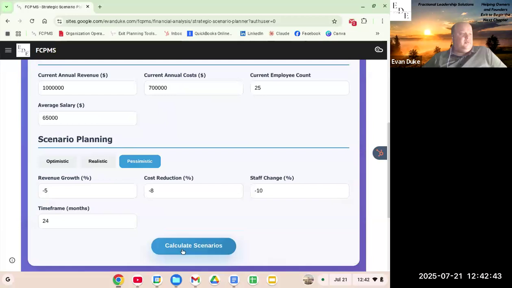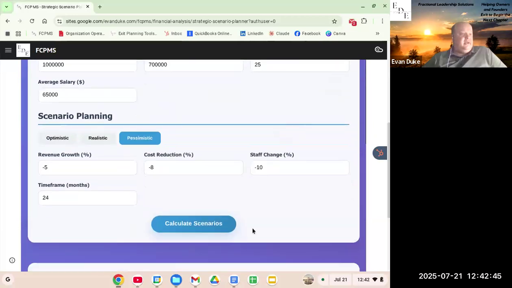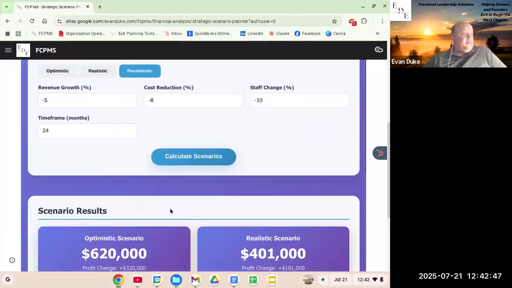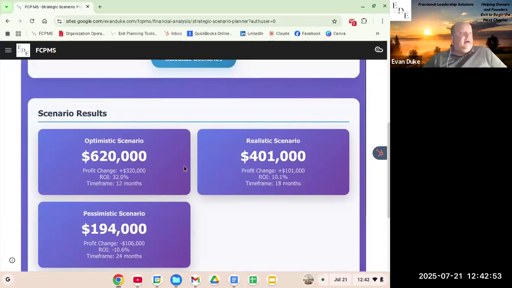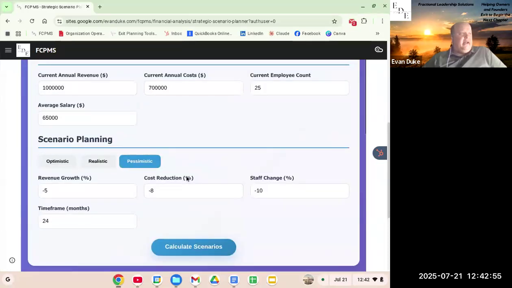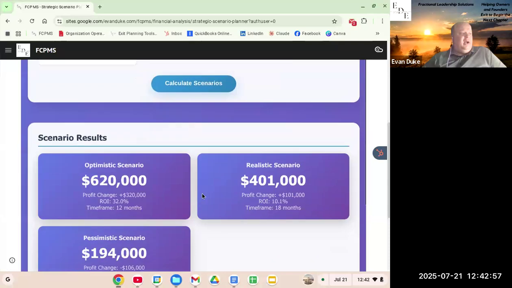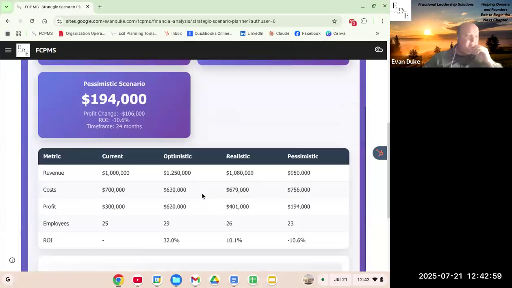And then once we calculate the scenarios, we are presented three possible outcomes that would likely happen. And obviously, we have different time frames that we could have. What this is trying to do is show us multiple scenarios that we could conceivably face. And what's nice is it gives us an idea of how we would be able to plan for them.